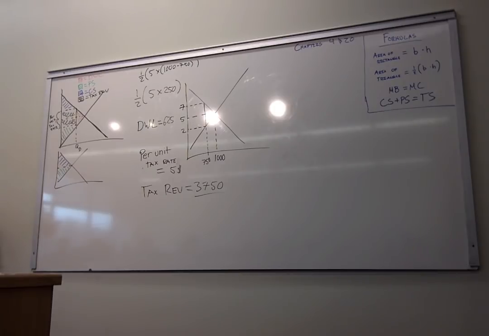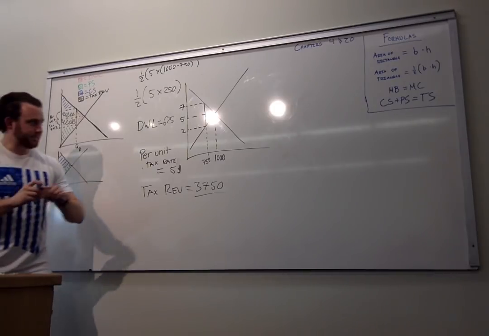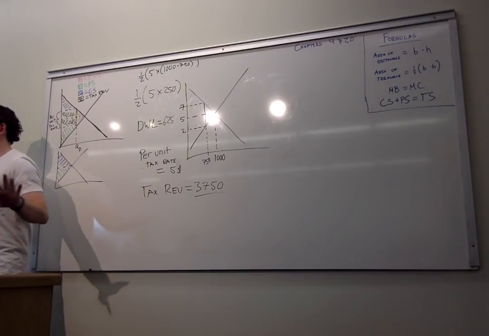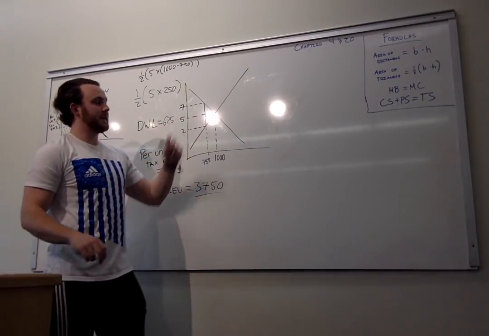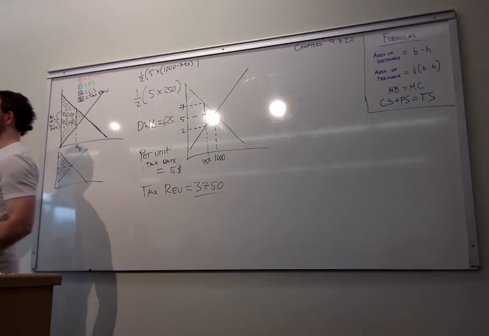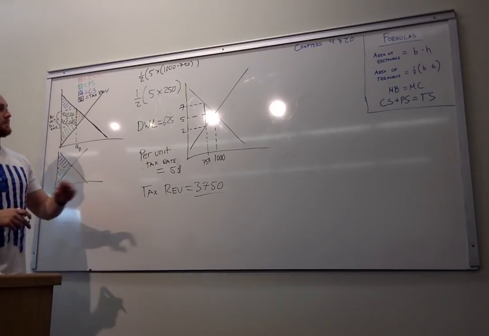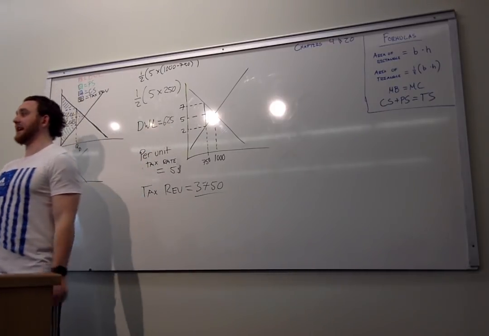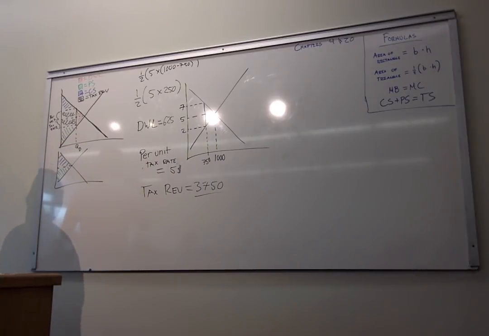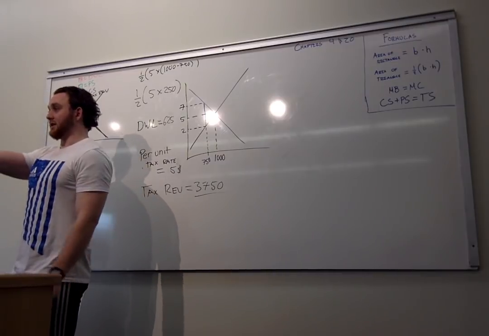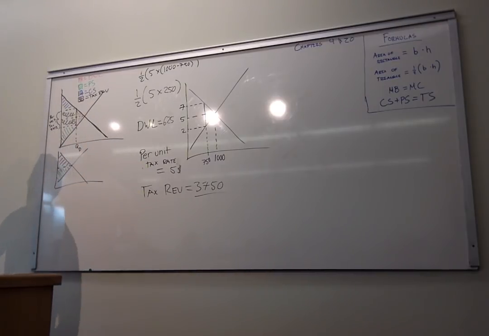Okay, so think about it. If there's no tax in the market, then at the equilibrium price the consumer is going to be paying $5, and the producer takes $5. Government's not involved at all. But if all of a sudden the government comes in, like they do in this case, and says, all right, for every transaction we're going to take $5, then if I pay $7 to the producer, the government takes 5 of those dollars, and the producer only gets 2.